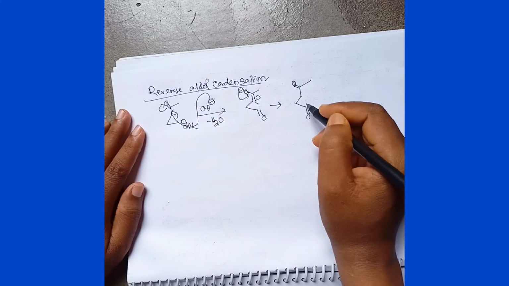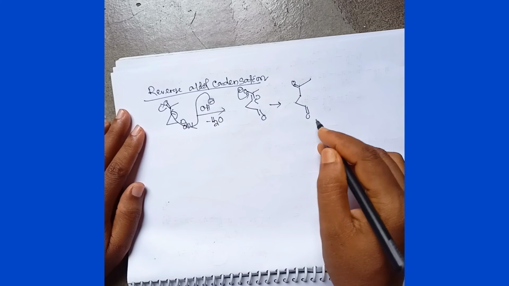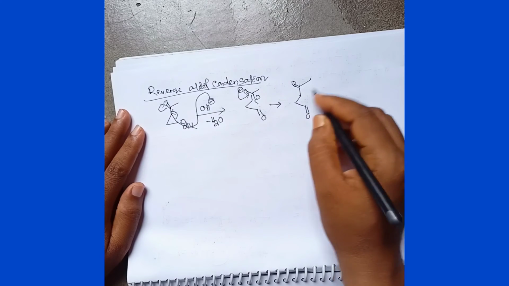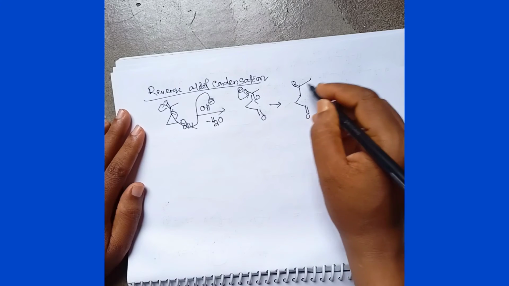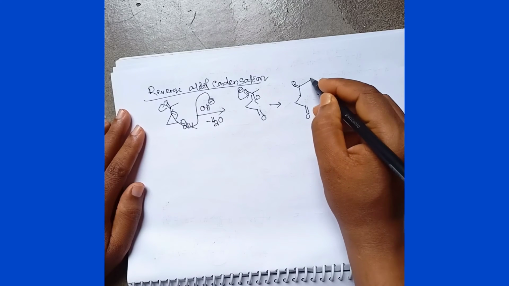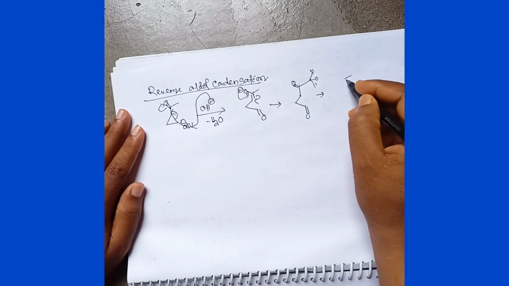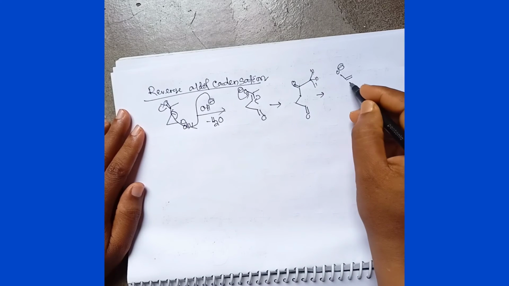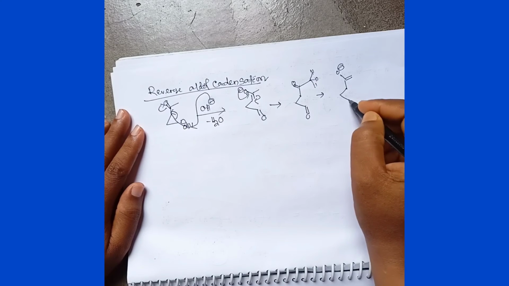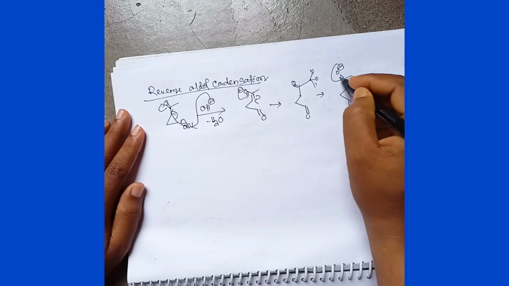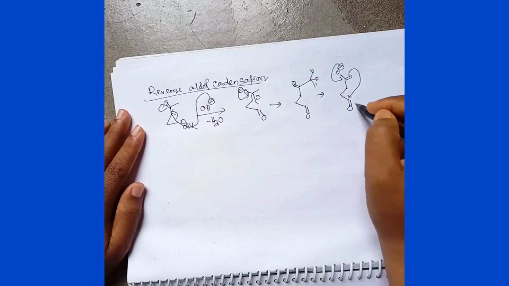2 3 4 5. So what will happen? By abstraction of one alpha hydrogen, the enolate will be formed like that, and it will attack here.